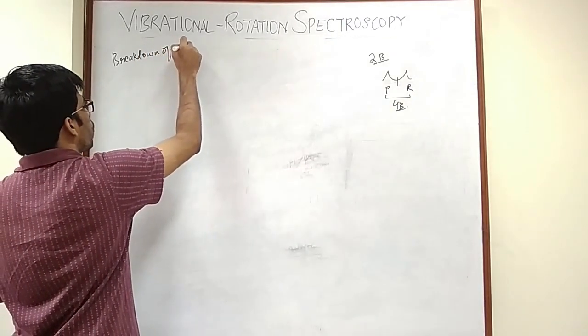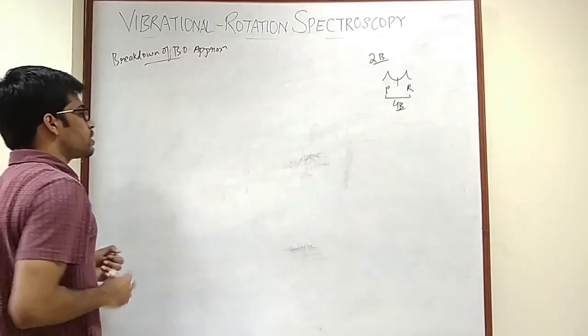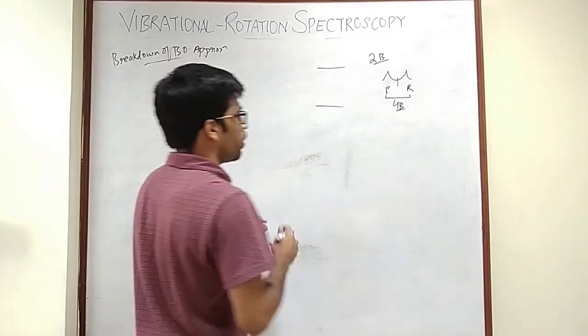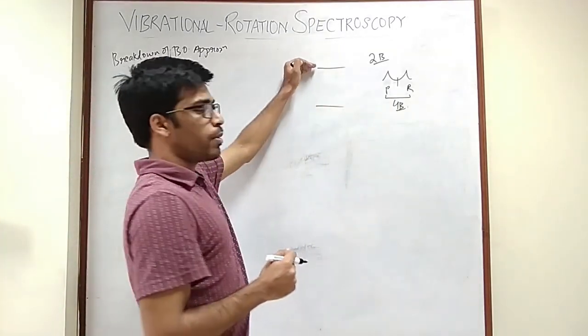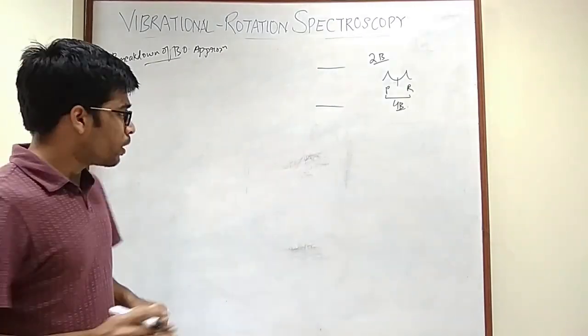of the Born-Oppenheimer approximation. Now this breakdown means initially we had considered that the rotational constant in the rotational energy levels at the ground vibrational state and the first excited vibrational state remains the same, but this is not going to be true now.